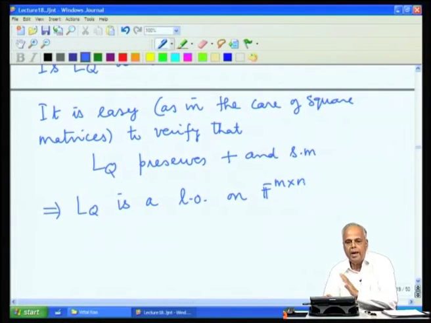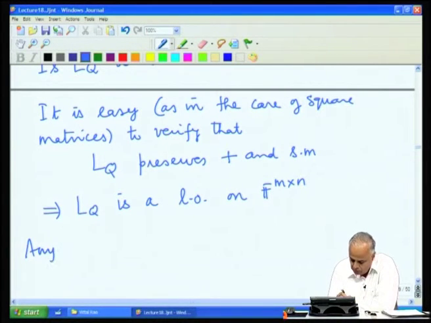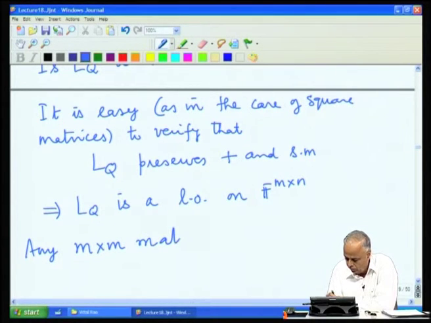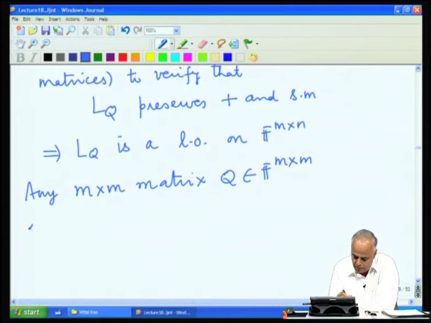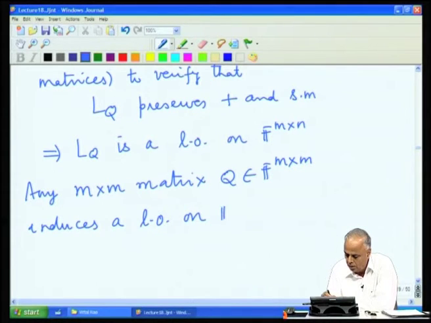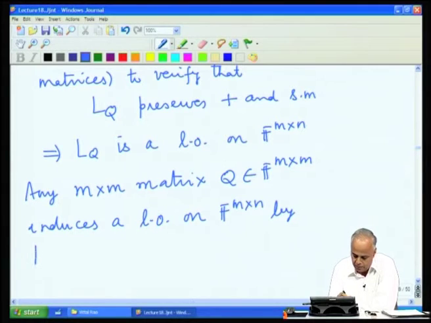So, any m by m matrix q in F m cross m induces a linear operator on F m cross n by pre-multiplication by q.